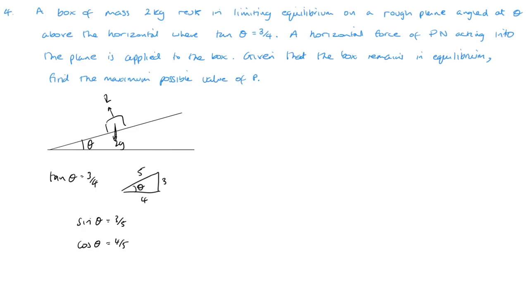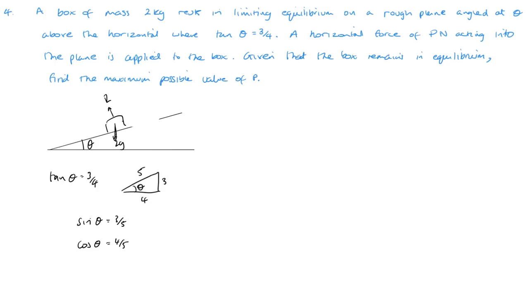A horizontal force P newtons acting into the plane is applied to the box. So this direction here is P. Given that the box remains in equilibrium, find the maximum possible value of P. So it's in limiting equilibrium as it stands. So that will be before P acts on it.